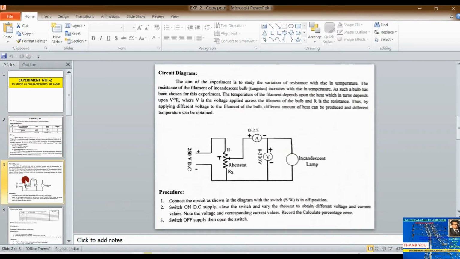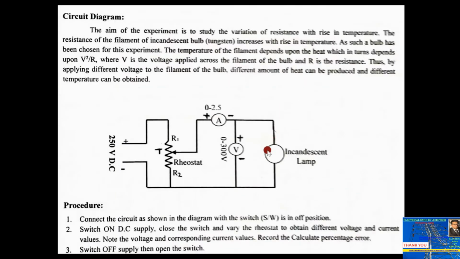So I am taking the circuit, and you can see the circuit. This is the incandescent lamp bulb. This is the voltmeter, with which we are measuring the voltage across the bulb. Then this is the ammeter connected in series in the circuit, and we are measuring the current.